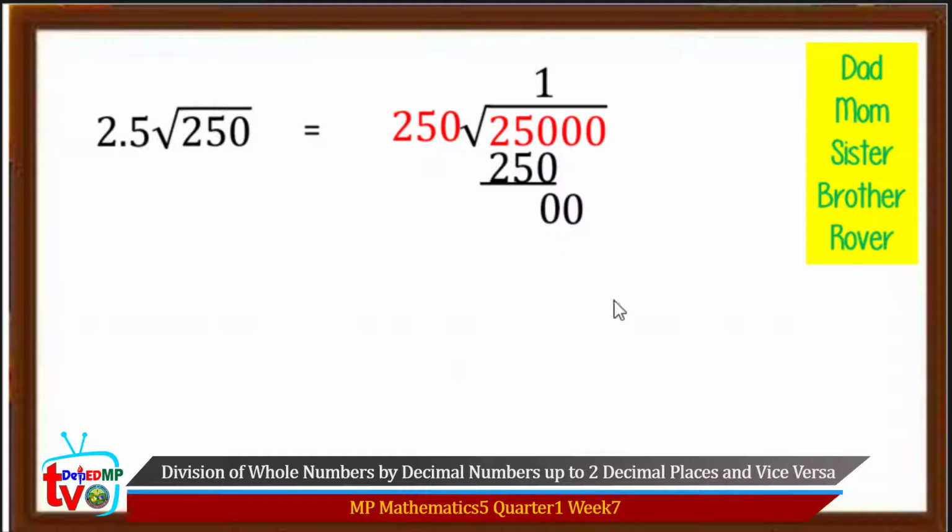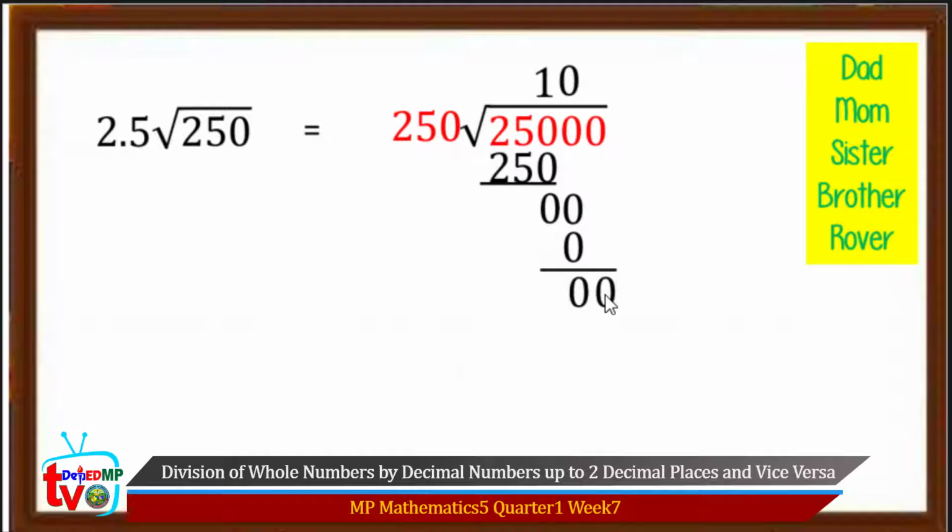So, let us go back to that. 0 divided by 250 is equal to 0. Multiply. 0 times 250 is 0. Subtract. 0 minus 0 is 0. Then, bring down. Brother. Go and then repeat. Rover.